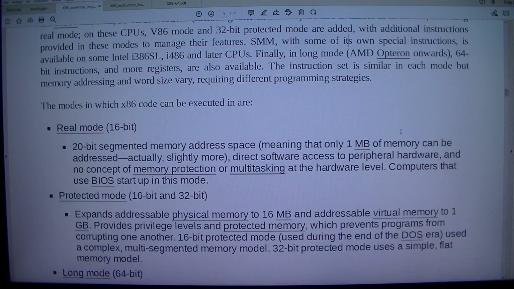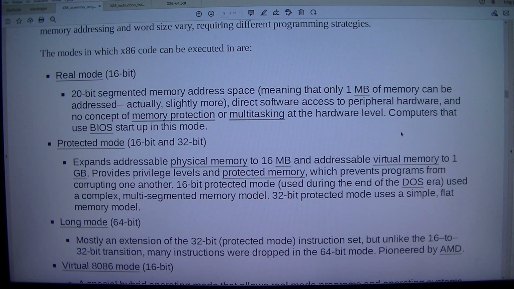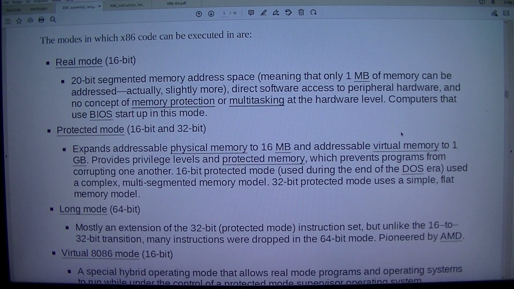The modes in which X86 code can be executed are real mode, 16-bit, with a 20-bit segmented memory address space, meaning that only 1 megabyte of memory can be addressed, actually slightly more, direct software access to peripheral hardware, and no concept of memory protection or multitasking at the hardware level.